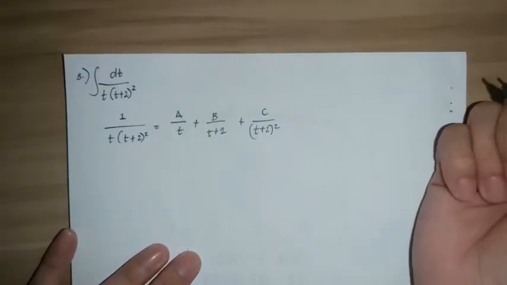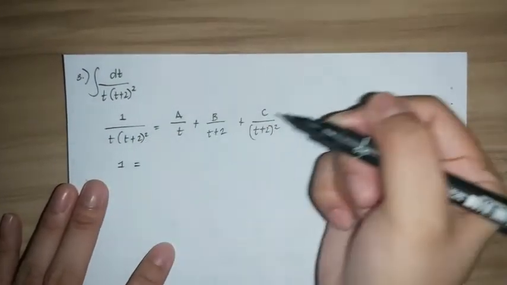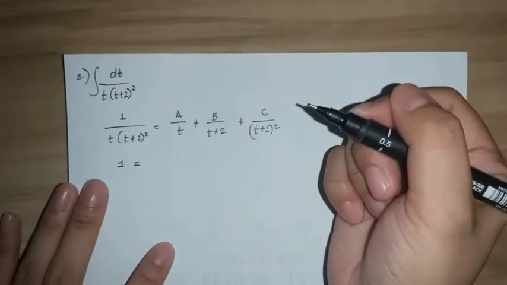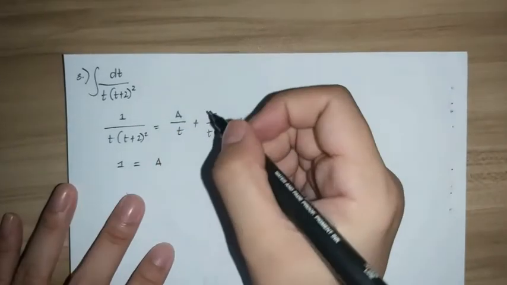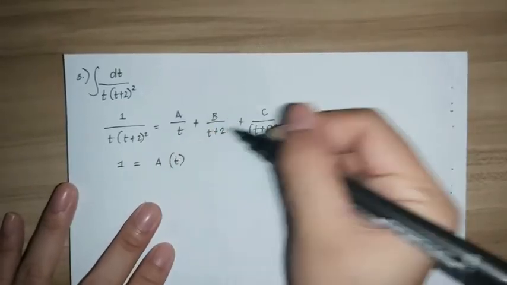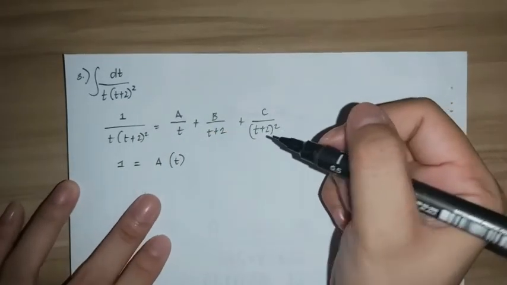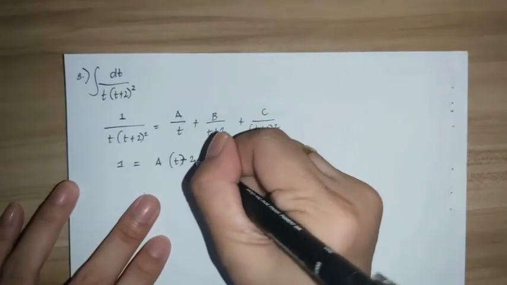So, with that, we will do the cross multiplication. We have 1 is equal to a, right? We have t, okay? Then we have t plus 2.